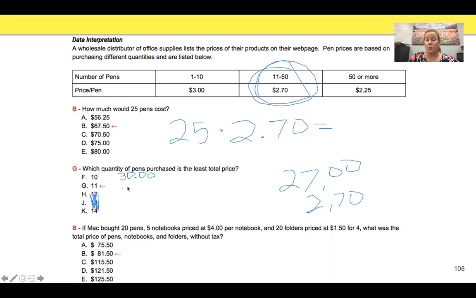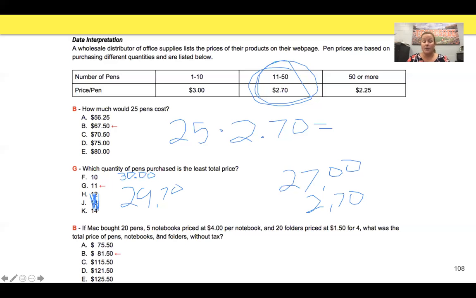That's going to give me $29 and 70 cents. Sorry, I can't write it small. So like this, because of the price break, I actually get 1 more pen for 30 cents cheaper. So it's better to order 11 pens than it is 10 pens to save money and get 1 more.